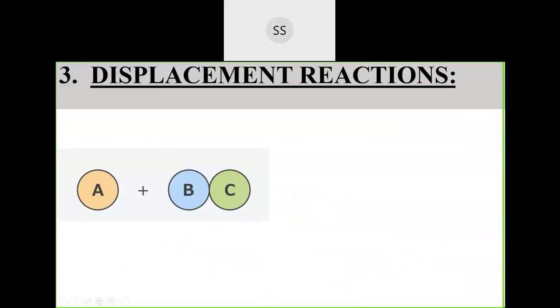Next one is displacement reaction. Let me take A as one element here and B is in the combined form, so that means they are in the compound state. Imagine A is more reactive and B is less reactive in nature.